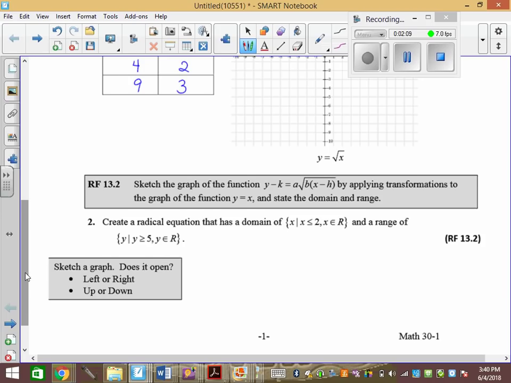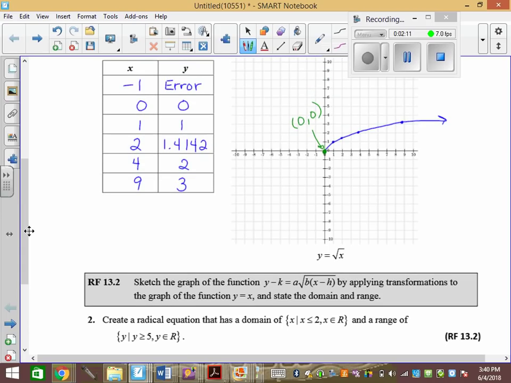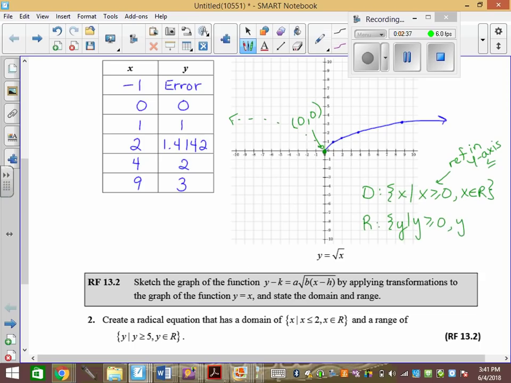Now, your basic function up here has a domain of x such that x is greater than or equal to 0, x in the reals. So the only way you're going to get less than is if we have a reflection in the y-axis. We'll get a less than or equal to sign. Our range is y such that y is greater than or equal to 0, y in the reals.